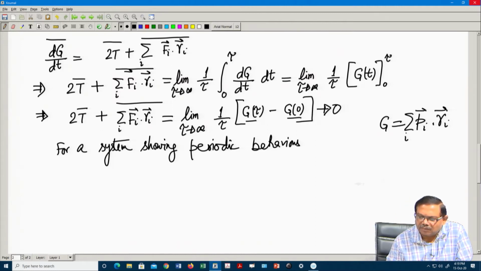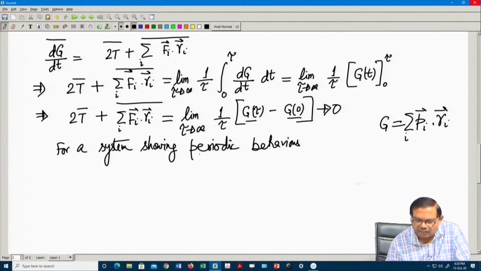So, if a system is showing oscillation, then this tau could be chosen as the time period of the oscillation. In that case, G at some initial time which we are calling 0, and after a time period it will come back to the same value. So, this would be automatically 0 if we take tau as the time period of oscillation, then I do not have to take the limit and other considerations.